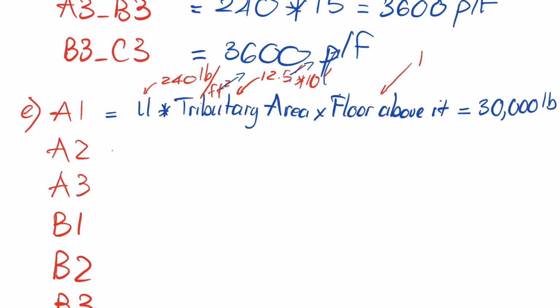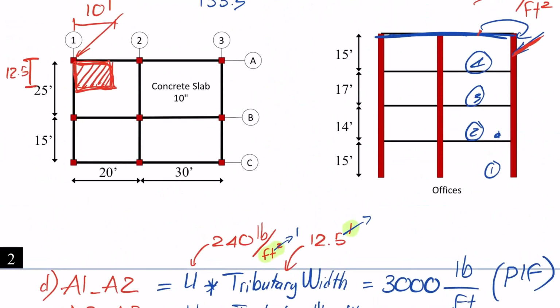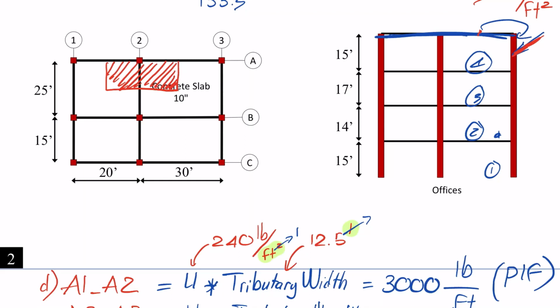Next one is A2. A2, similar like that, we just let U multiply by tributary area multiplied by the floor above it. The U will be just the same, 240. Tributary area of A2, A2 will be this one, because A2 not only receives the slab over here, but it also receives the slab over here as well.